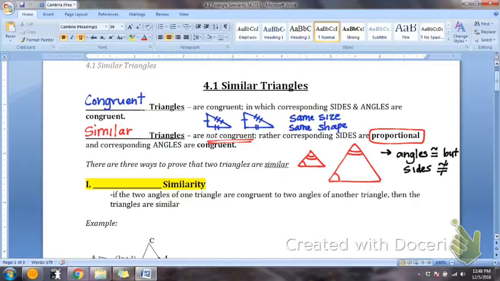Remember, the symbol for congruent is the equal sign with the little squiggly. Right, that's the symbol for congruent. The equal sign with the squiggly. The symbol for similar is just the squiggly.